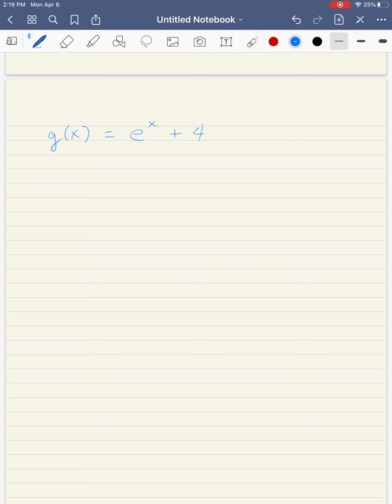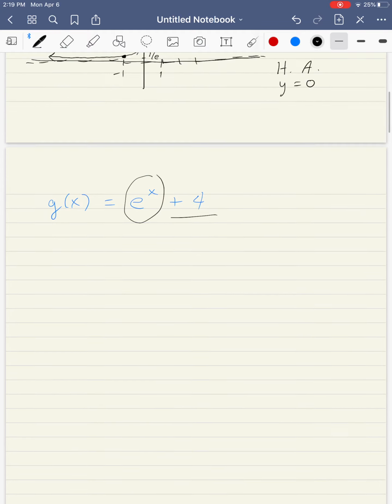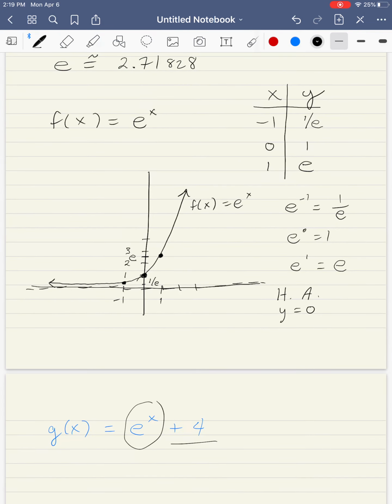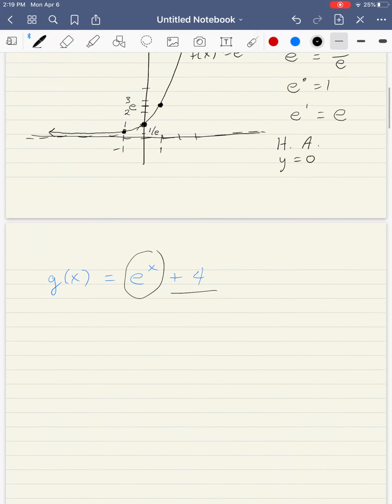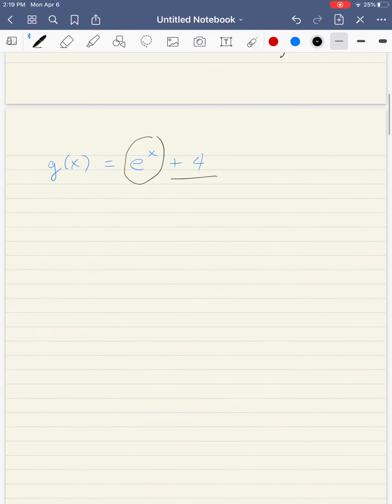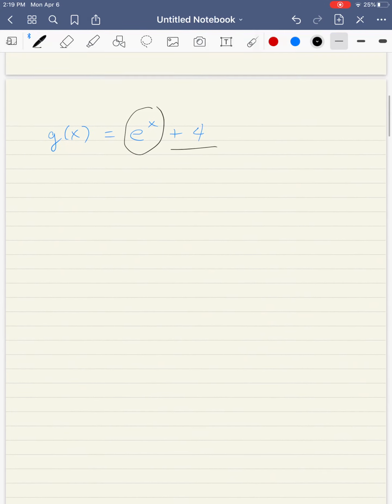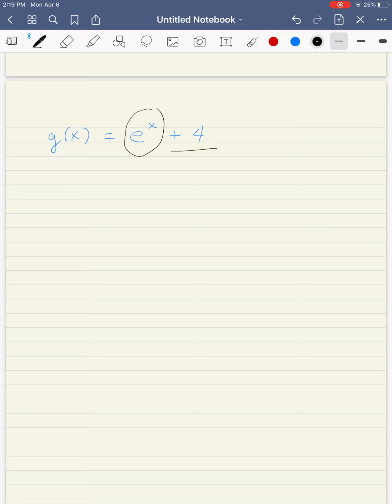The method that we've learned to graph transformations of basic exponential functions is to graph the basic graph, which in this case is e to the x power, list our transformation, go back to our basic function, and move each of these 3 ordered pairs according to our transformation. So I want you to pause the video for a minute and work on doing that.